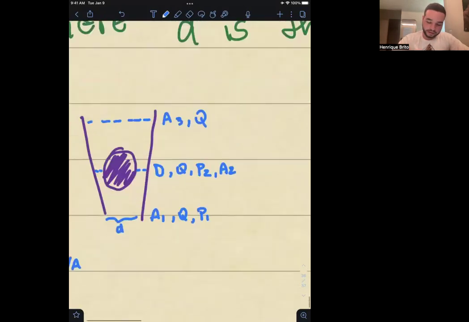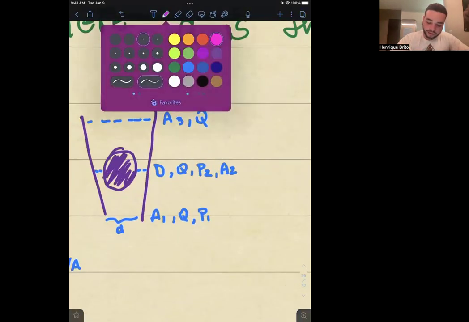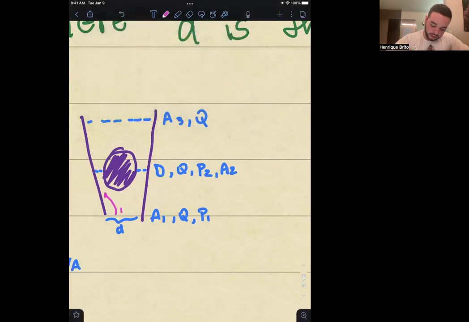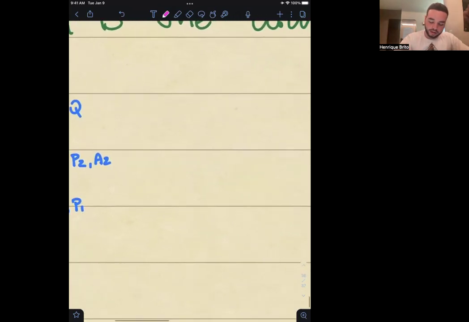Let's say there's a fluid coming in from down below, and it's keeping the ball there. The gravitational force that wants to pull the ball down goes against the fluid that's keeping the ball up. So we need to understand the balance of forces in here.